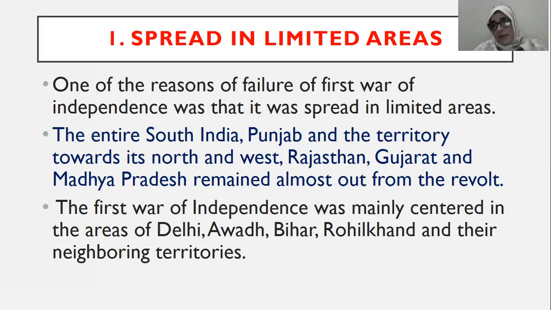If all the people of the subcontinent, every area, every province, every state, had stood up against the Britishers, they would not have had any chance of winning against us. But because people revolted only in particular areas, it became easy for the Britishers to put us down.